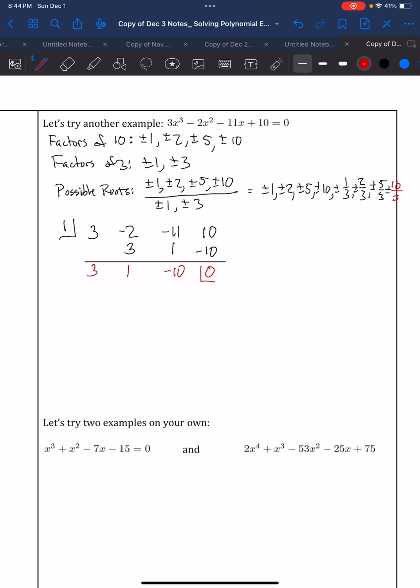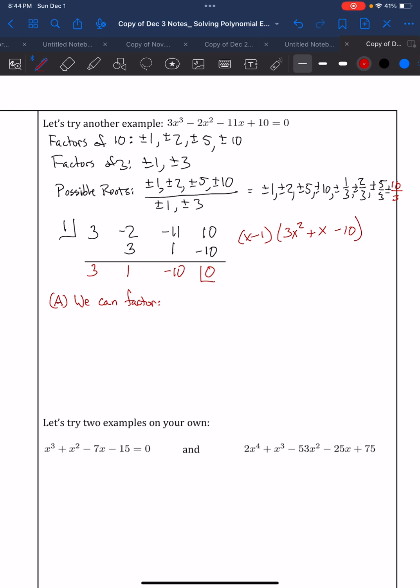So we're going to have x minus 1 times 3x squared plus x minus 10. Now, there's a couple ways we can go with this. One, we can just factor.